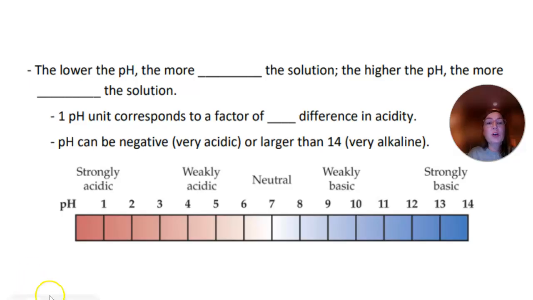Okay, so the lower the pH of the solution, the more acidic the solution. And the higher the pH, the more basic the solution. 1 pH unit corresponds, like I just said, to a factor of 10 difference in acidity. pH can be negative, very acidic, or it actually can be larger than 14 and very basic or alkaline.